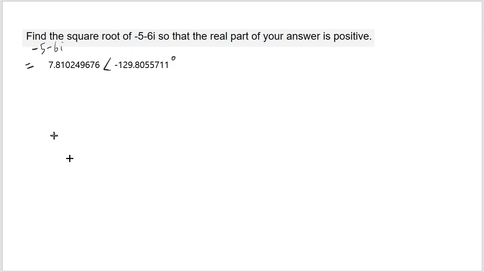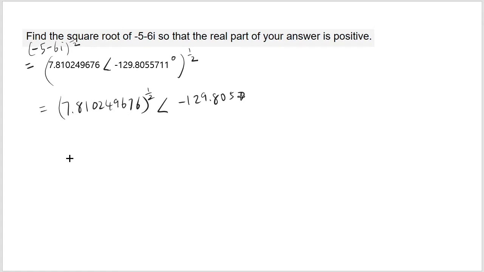Okay, so if I take the 1/2 power of this, that means I'm taking the half power of r, and I'm taking half of the angle.